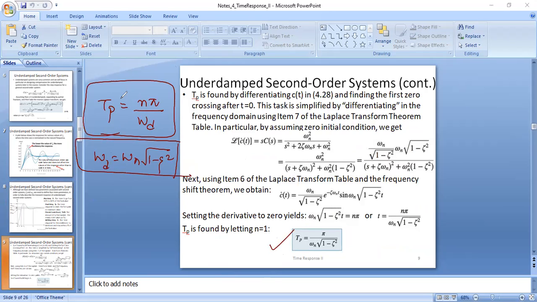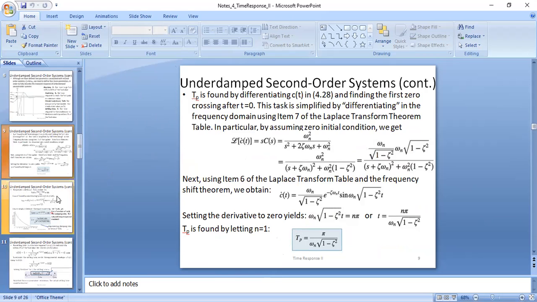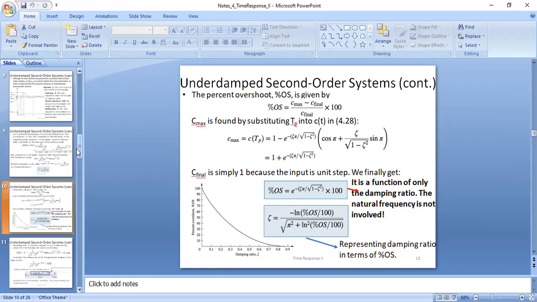So if in the question it is asked to find Tp, then you will use this formula. And what is Tp again? Tp is the time taken by the response to reach the maximum value.